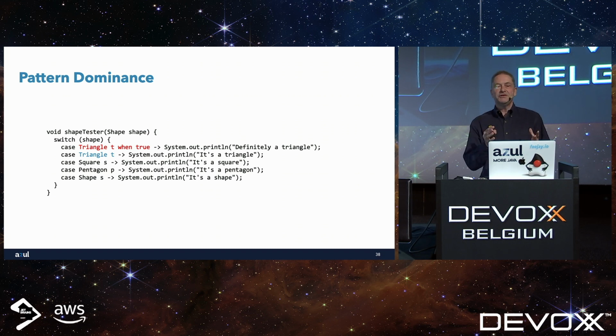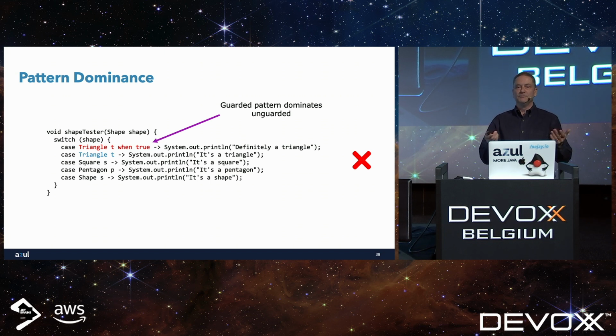Now, you need to be a little bit careful that it doesn't always have to be the case that the guarded pattern goes before the unguarded pattern, because if we did something like triangle T when true, well, that just is the same as a triangle T, but technically, the compiler will reject that because we're hiding the code that is underneath, so it's dominating the unguarded pattern.